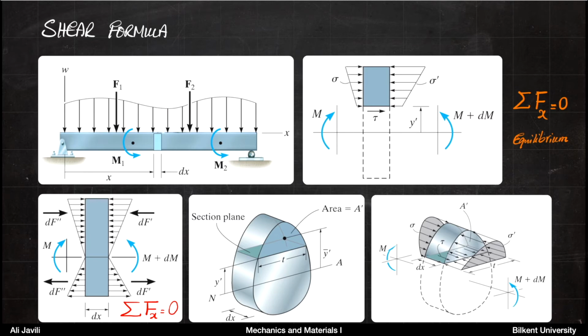Pay attention to this, it's similar to the previous problems. The cross section here may be looking like this. So it doesn't have to be exactly a square or rectangle; it could be just a usual cross section. If you assume this is a 2D cut, this would be a 3D view of it.